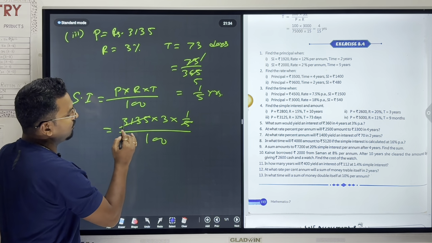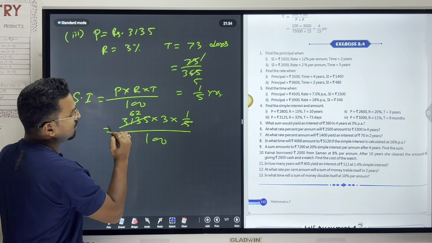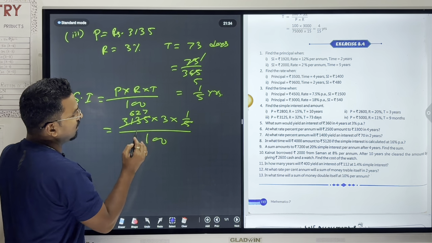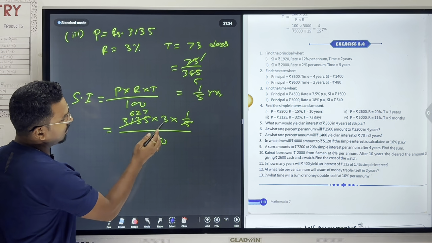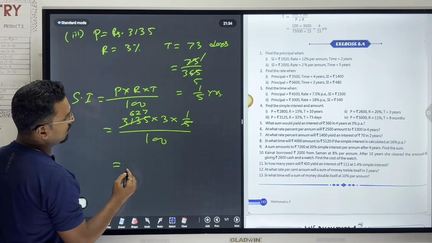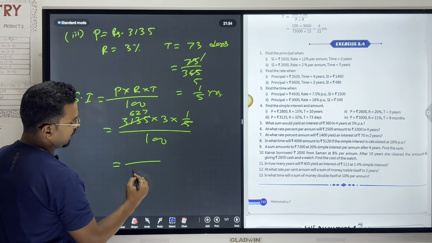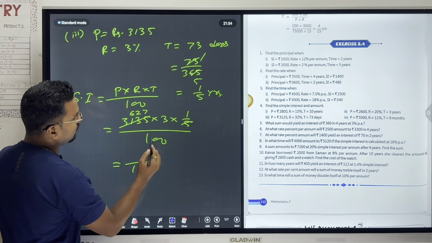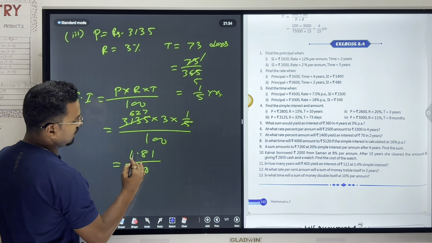If you cancel it by 5, 5 sixes are 30, 5 twos are 25, 7 fives are 35. Next you cannot cancel it anymore. So multiply by 3, you will get 100. This is 21, 6, 7, 8, 3 sixes are 18.